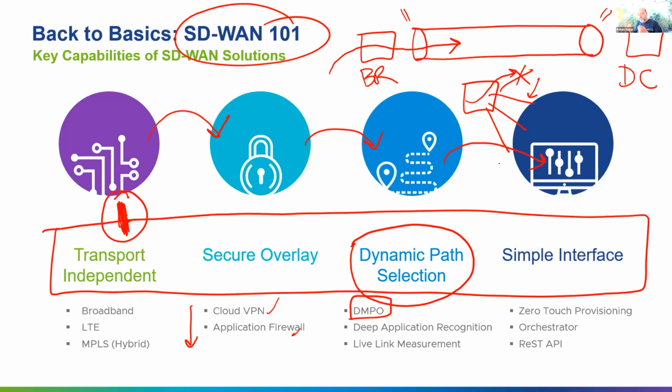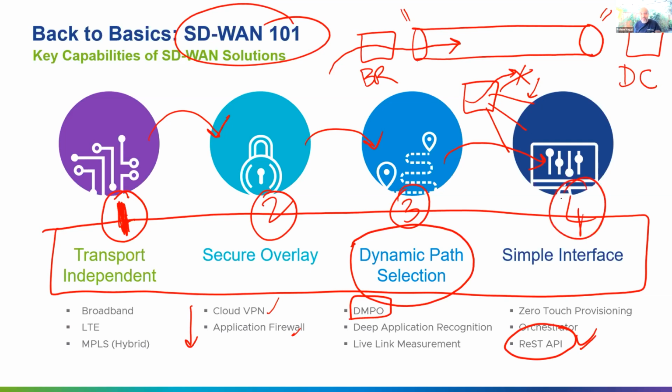No, here with a simple interface or with simple configuration, you should be able to bring it up quickly, and then have the support of REST API where you can integrate or adapt, like we talked about earlier. It should be able to integrate with other technologies or with other tools also. So these are the 4 key pillars of SD-WAN.